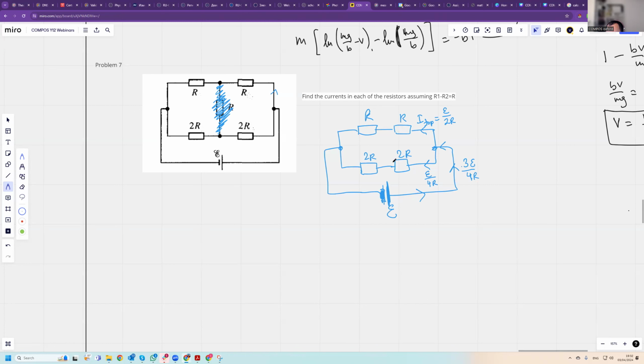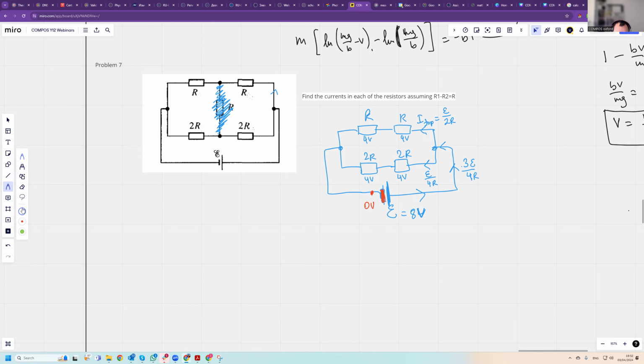Now, let's say for the sake of it, this is 8 volts. Then the voltage on each resistor would be 4 volts. Now we need to think in terms of potential. We can say that the potential here is 0 volts, the starting point.